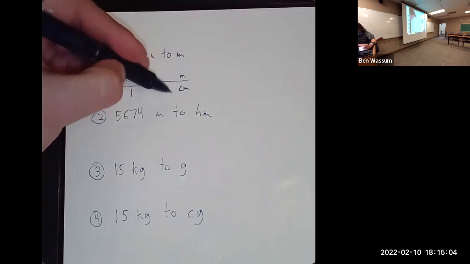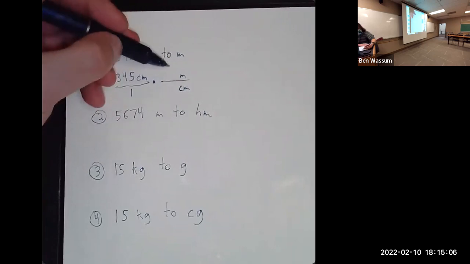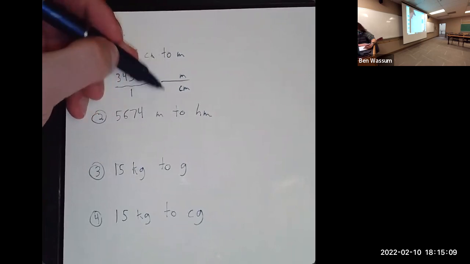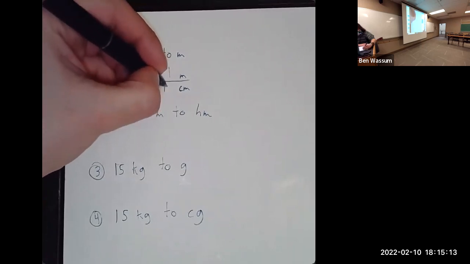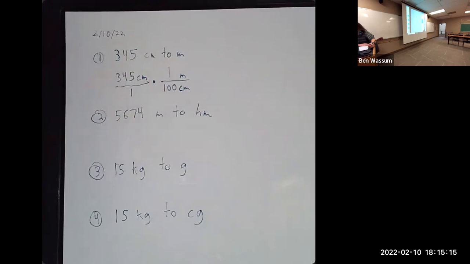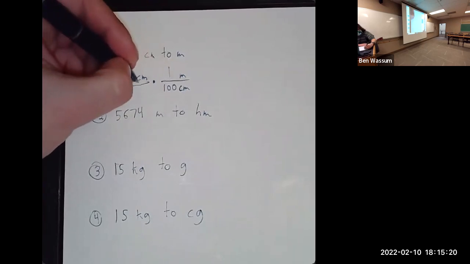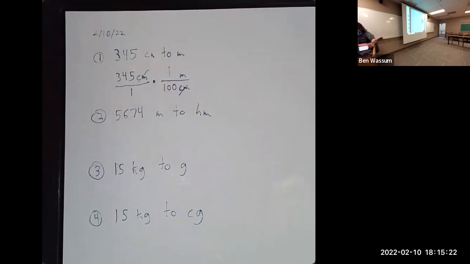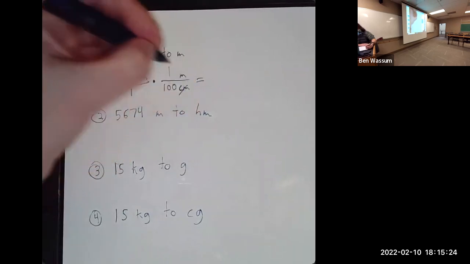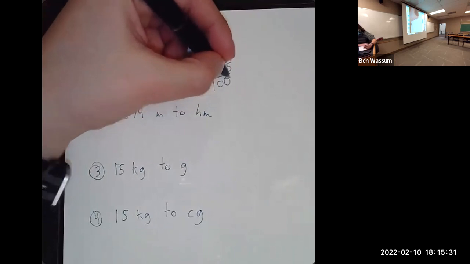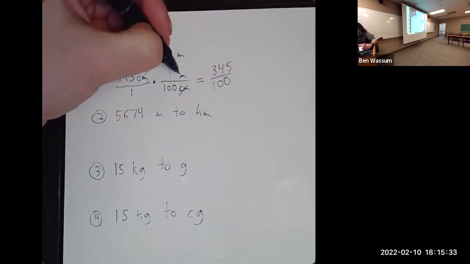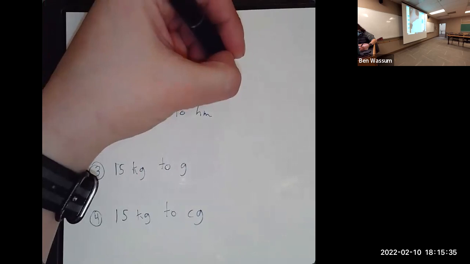Once I have that set up, I can now say, oh, well, I got meters and centimeters. Which numbers fit in here? Well, I know that 1 meter is 100 centimeters. So I fill those in. And now I can see that the centimeters cancel out. And when I multiply straight across, 345 times 1 over 1 times 100, this is now in the units of meters.